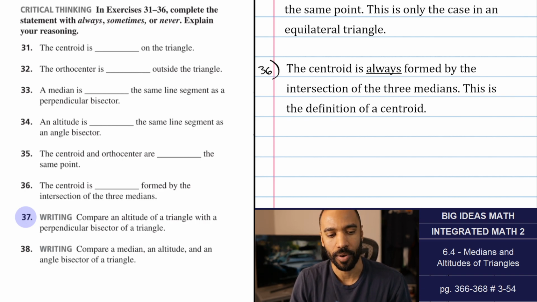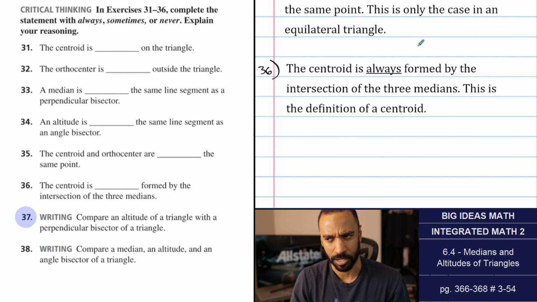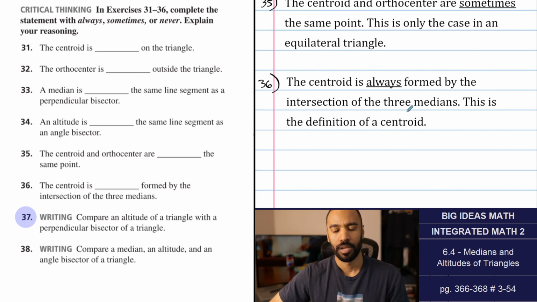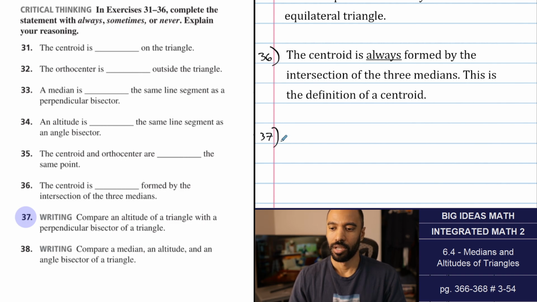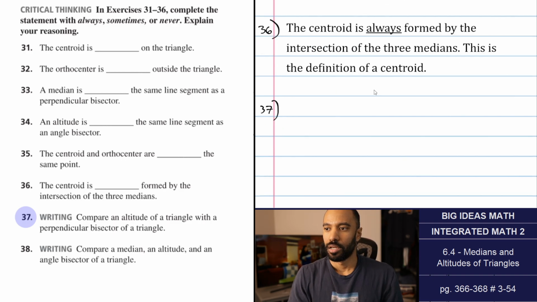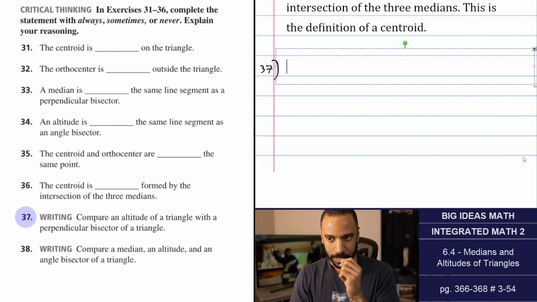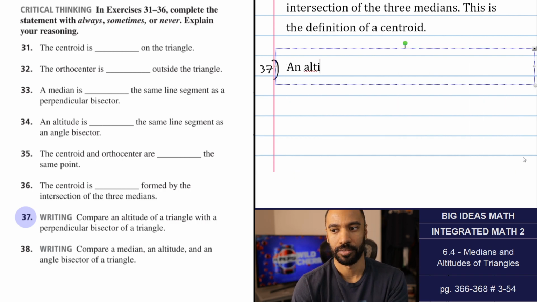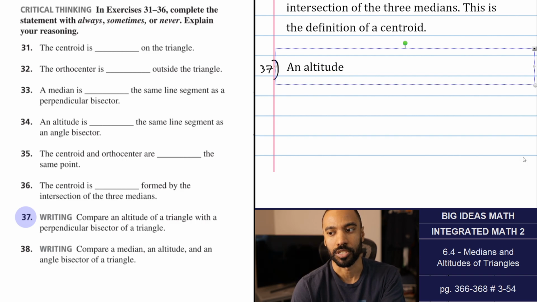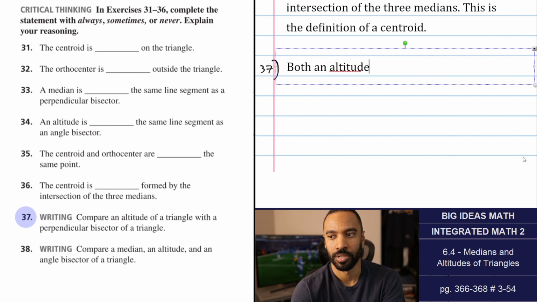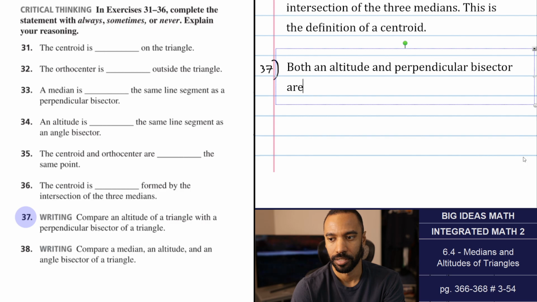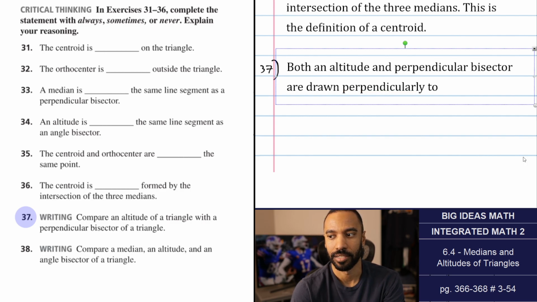Compare an altitude of a triangle with a perpendicular bisector of a triangle. All right. 37. So, okay. I might draw something for you, but I'm just going to kind of explain it. So an altitude of a triangle. So listen, both an altitude and a perpendicular bisector are drawn perpendicularly to a side.